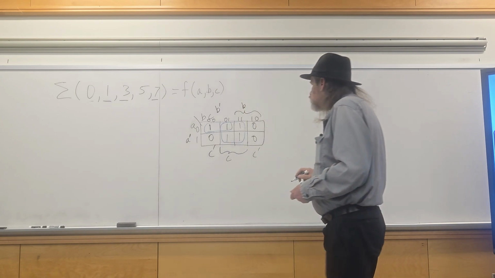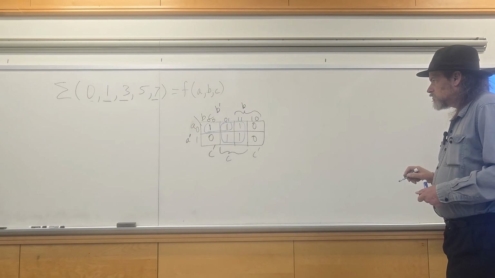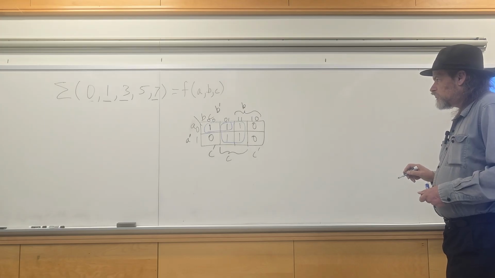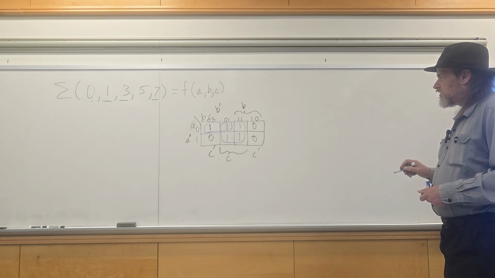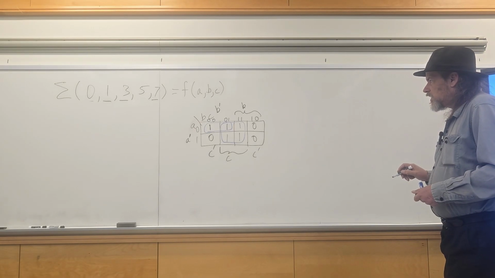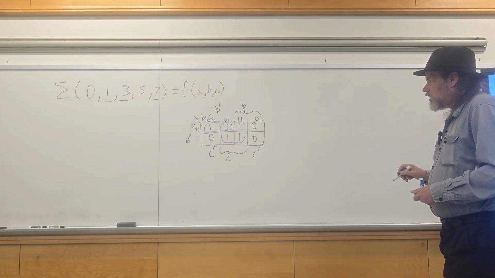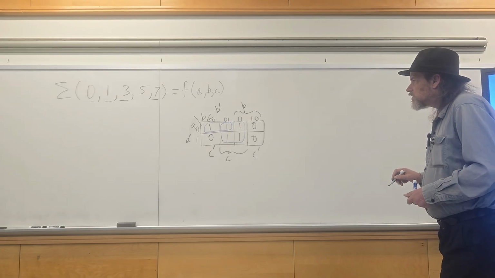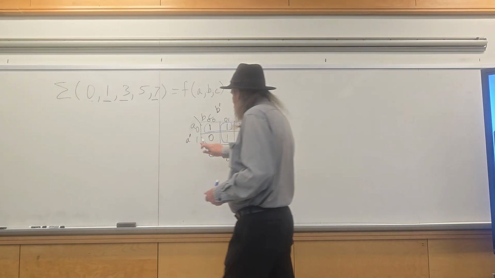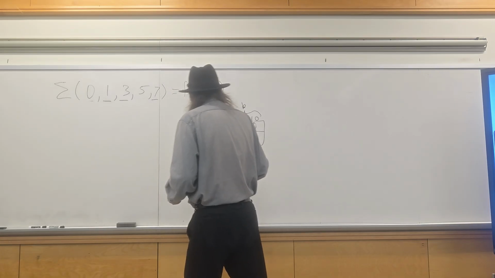So what would the final expression be? No, I'm sorry. This is backwards. A and A prime.